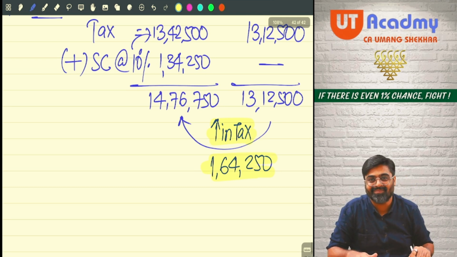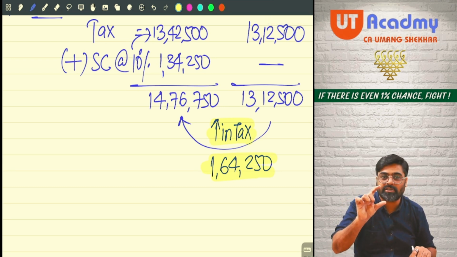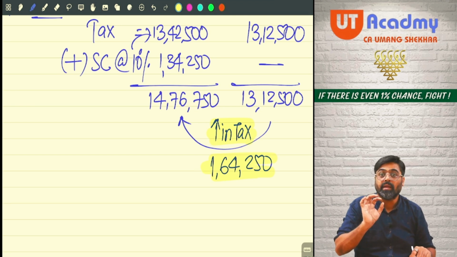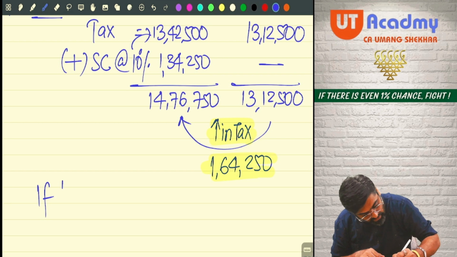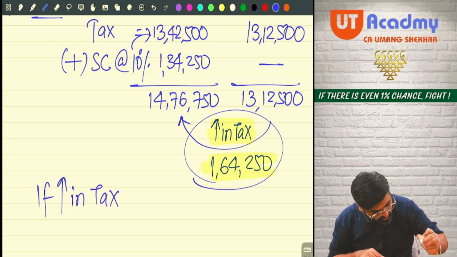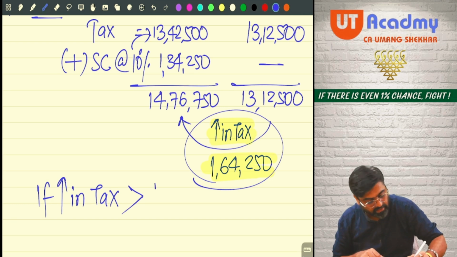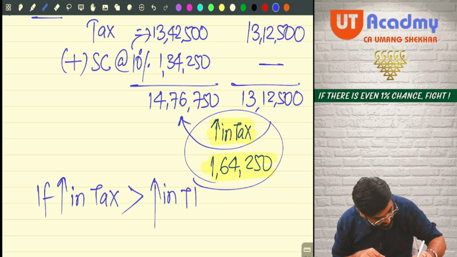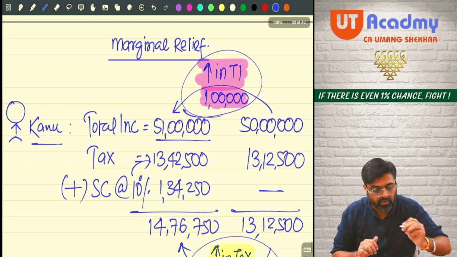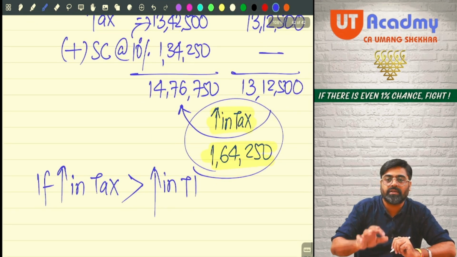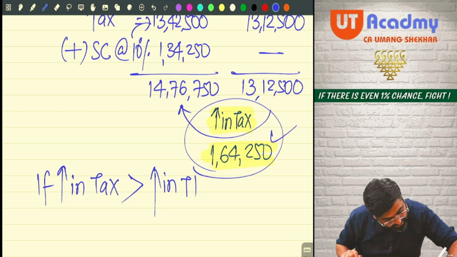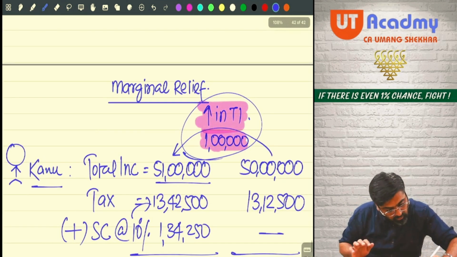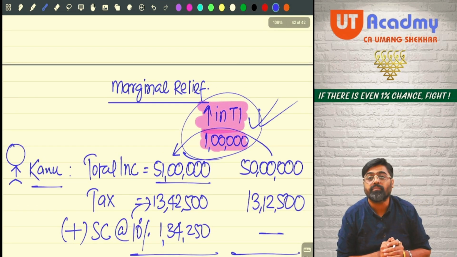Relief. So there is one equation which I will write now. The equation is, if the increase in tax, meaning this amount, is more than the increase in your total income, meaning this amount. Tell me, is this equation getting fulfilled? Increase in tax is more than increase in total income?